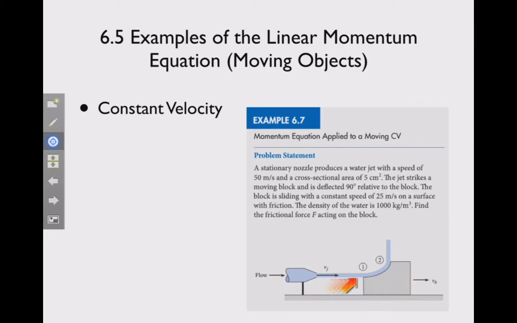So you can see that we're going to have the momentum of the jet coming out in this direction, but the block is retreating from that momentum. If you look at the solution, the momentum is going to depend on the difference between the velocity of the jet and the velocity of this vane or block here. So have a look at that.